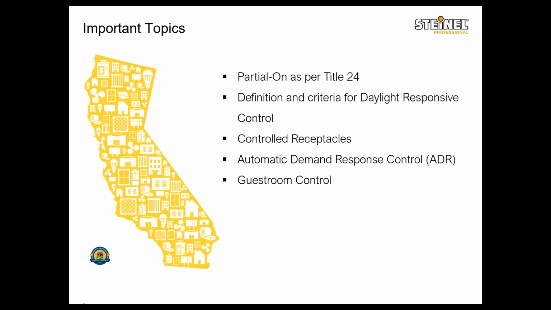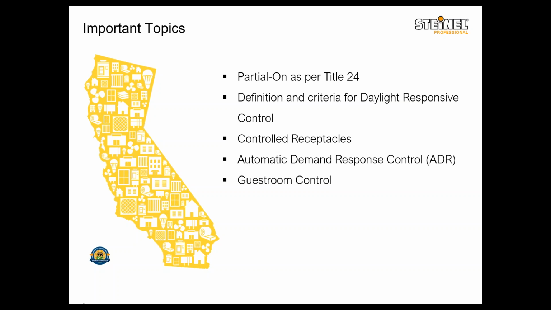Obviously, the definition and criteria for a daylight responsive control is different in Title 24. It's quite a sunny state, unlike us here in Minnesota, where we have a lot of gray skies.